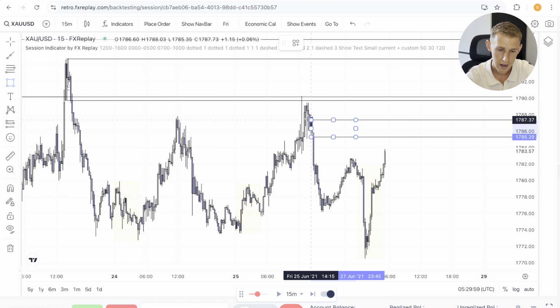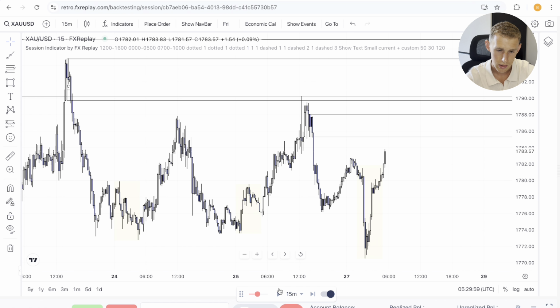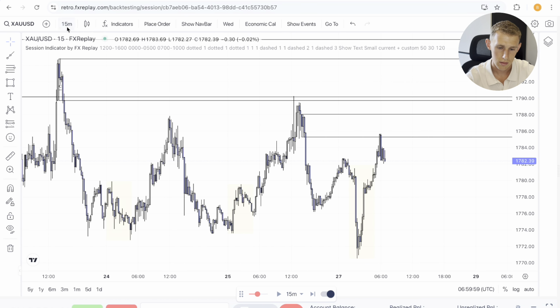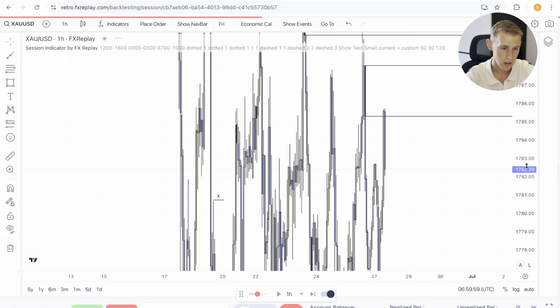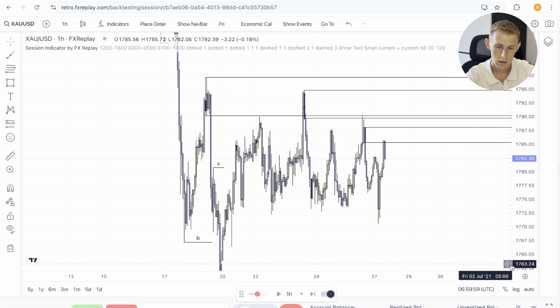Cool. Next area I would look at, this one. I played it slightly too quickly there, but we should have entered on that region. Let's just enter here.